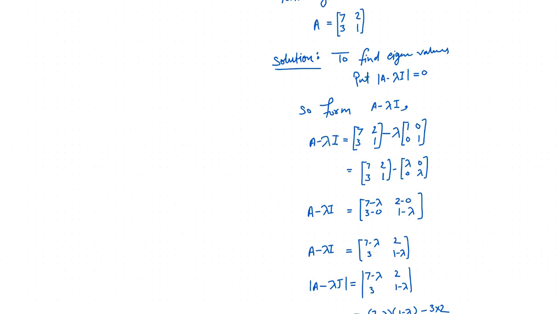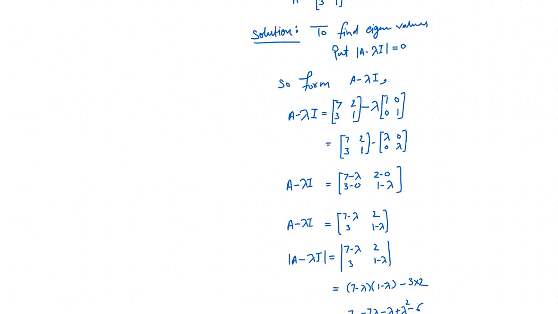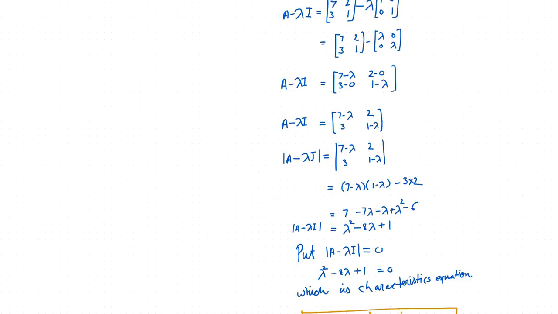coefficients. That is why. So A minus lambda into I is equal to 0. We are taking the determinant of A minus lambda into I, where A is 7 2 3 1. So 7 minus lambda, 2, 3, 1 minus lambda.